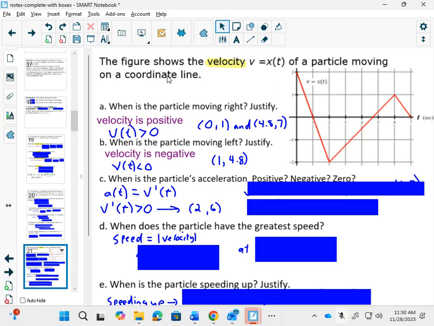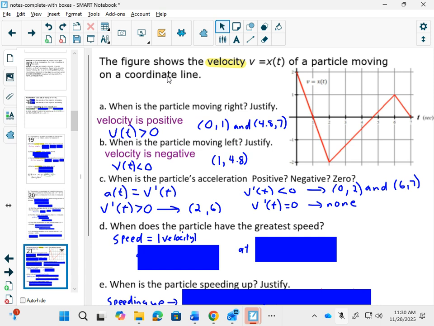So the acceleration is your derivative, and from 2 to 6, the slope of that line is positive. But from 0 to 2 and 6 to 7, the slope is negative.